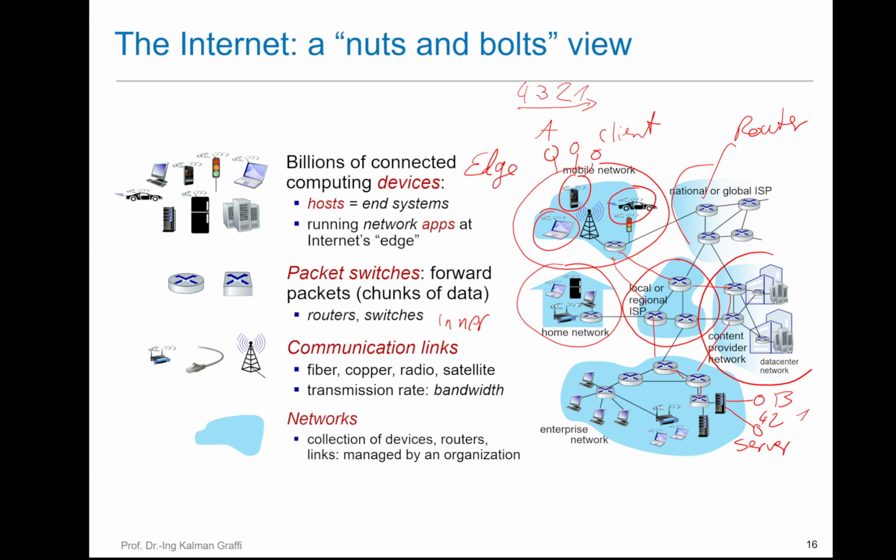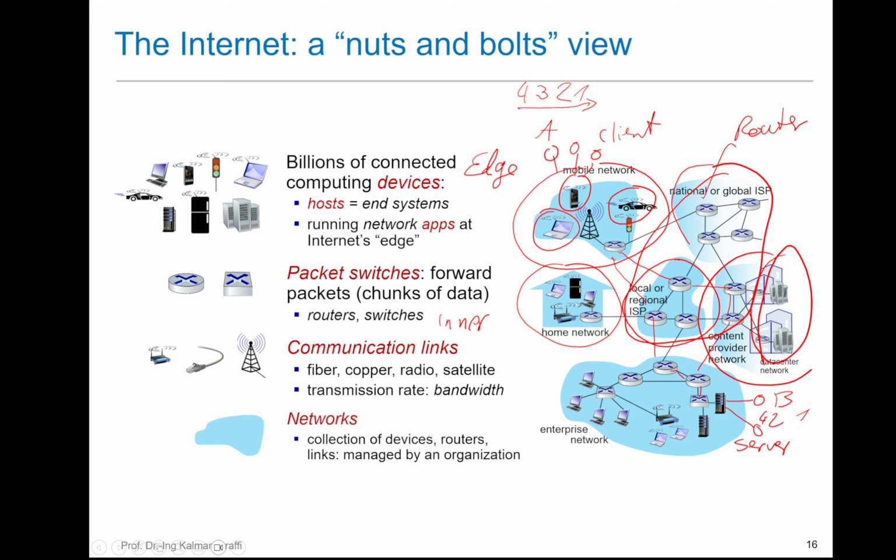Typically you have big internet service providers, either local, national or international. Sometimes you also have content provider networks such as Google, who are closely connected to the internet service providers. This would be the edge, and again, all routers are part of the global inner network.